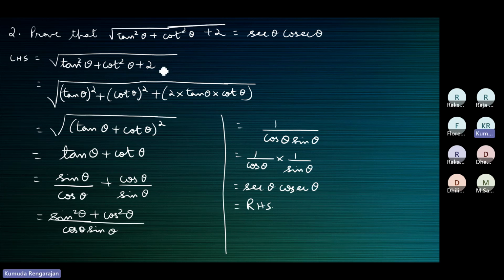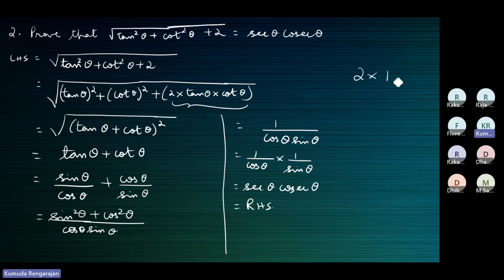So you want to write that as 2ab. For that, it should be 2 tan theta cot theta, because a is tan theta and b is cot theta. So you just write what you want it to be: 2 into tan theta into cot theta. And you're right, because tan theta into cot theta is 1, so you're just writing 2 into 1.